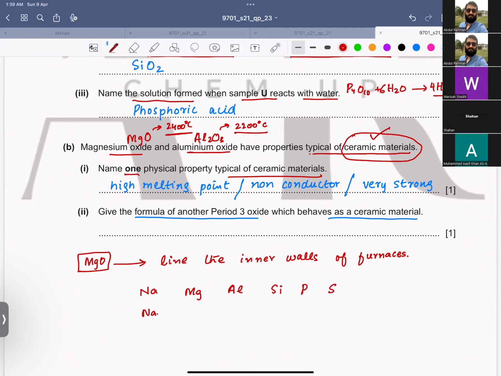So the oxides are sodium oxide, magnesium oxide, aluminium oxide, silicon oxide, phosphorus oxide, sulfur dioxide. Silicon oxide has a giant covalent structure and very strong forces of attraction, so it can be a ceramic material as well. So it's silicon(IV) oxide, SiO2. Is this clear?